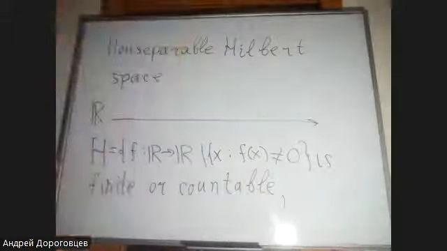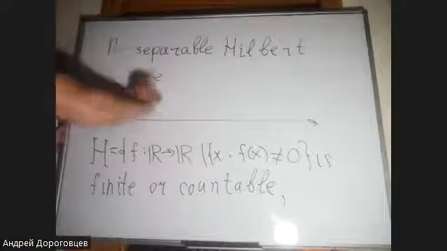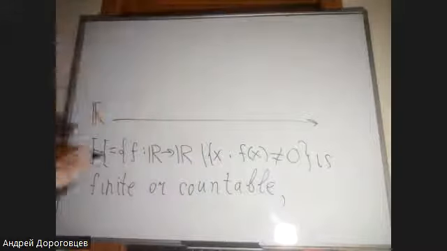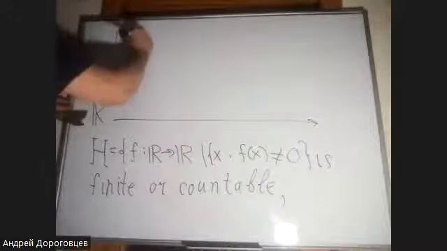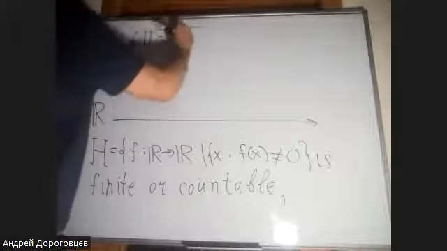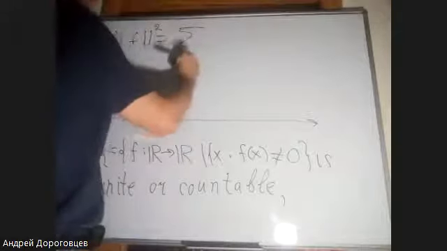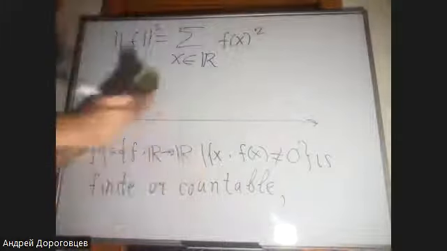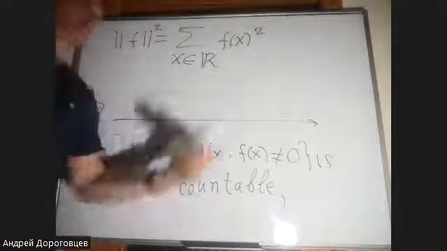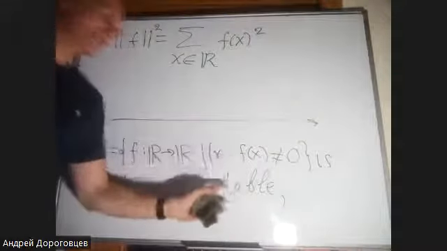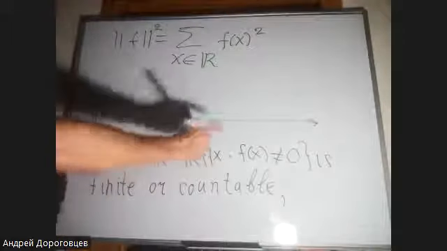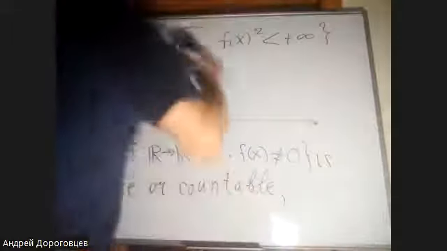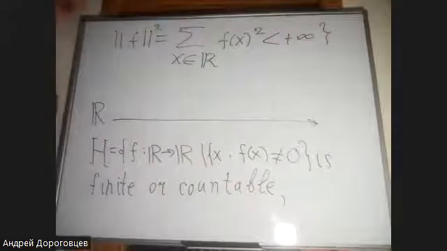Also, I will suppose that we can define the norm of f squared, which will be equal to the sum over x of f(x) squared. You understand that this sum is properly defined, at least because we have such a condition on f, and we suppose that the sum is finite.